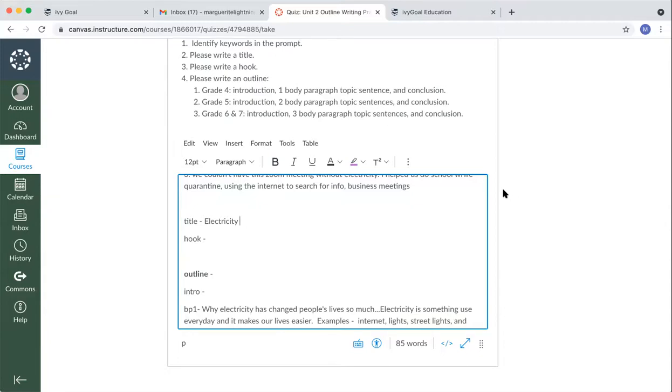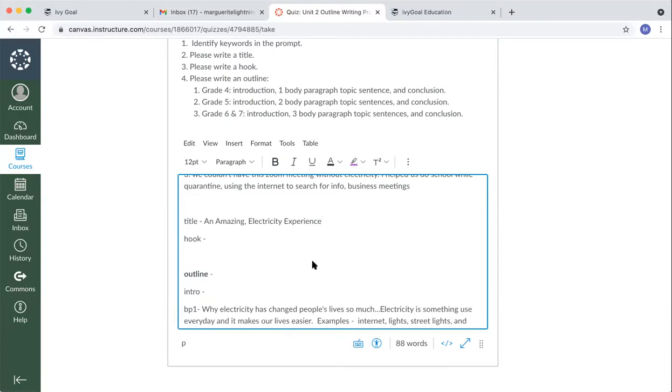Amazing electrical stuff. Okay. All right, guys, we got an electrifying experience. Very good. How about an amazing electrifying experience? Love it. Very good. Very, very good.